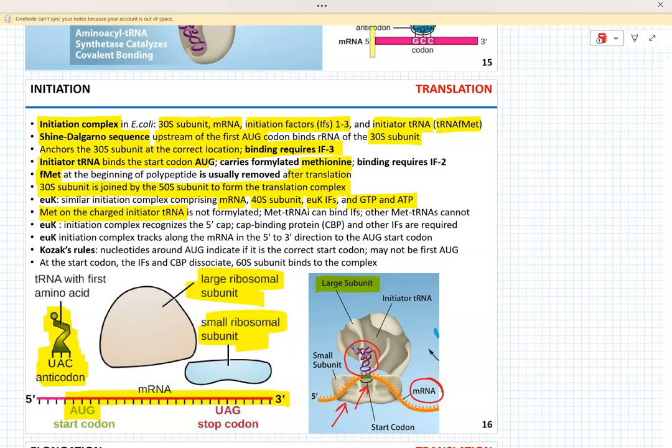It turns out that the methionine tRNA that serves as the initiator can bind initiation factors, while other methionine tRNAs cannot. The process of recognition is also different in eukaryotes. The initiation complex, for example, recognizes the 5' cap. For that recognition, the so-called cap-binding protein and other initiation factors are required.